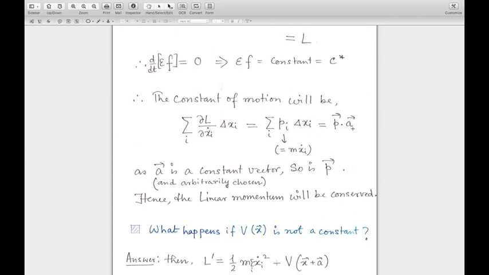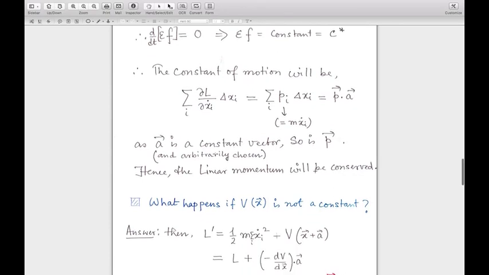Then p dot epsilon p is epsilon times mod p square, and epsilon is non-zero and also constant for a specific choice. Then you can say that p square is constant, so mod p is also constant.